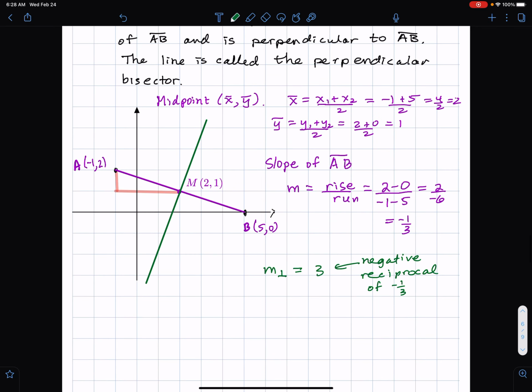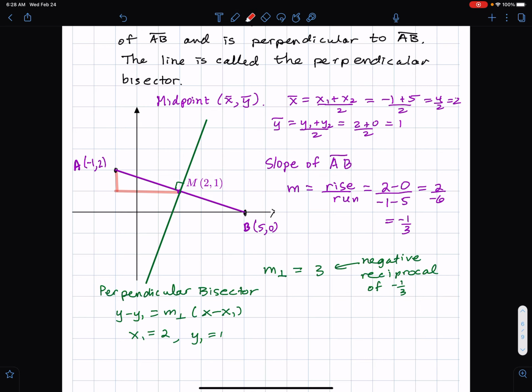And so now for our perpendicular bisector we are going to use y minus y1 equals m perp times x minus x1, where x1 is 2 and y1 is 1.